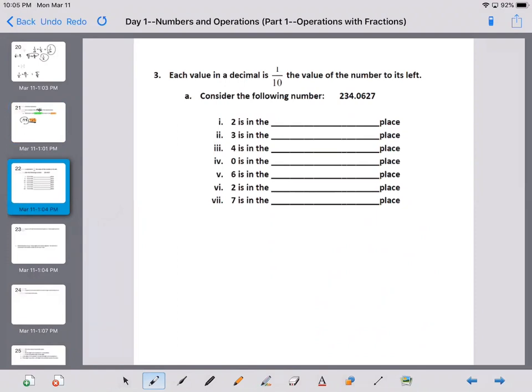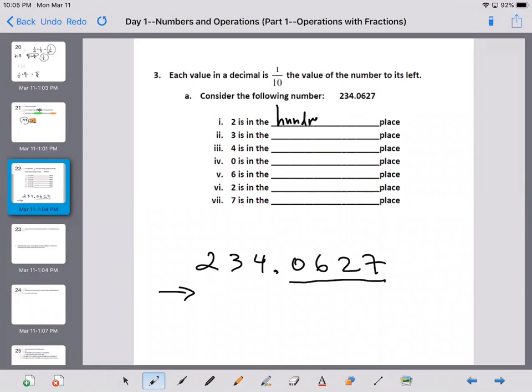So if we have the number 234.0627, how do we read this correctly? Well, we'll work from left to right. So 2 is the hundreds, 3 is your tens, 4 is your ones place.